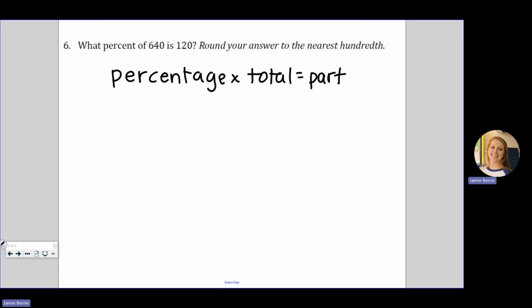It says, what percent of 640 is 120? What number do you think is the total? Yeah, 640 is going to be the total. What do you think 120 is? The part? We don't know the percent.